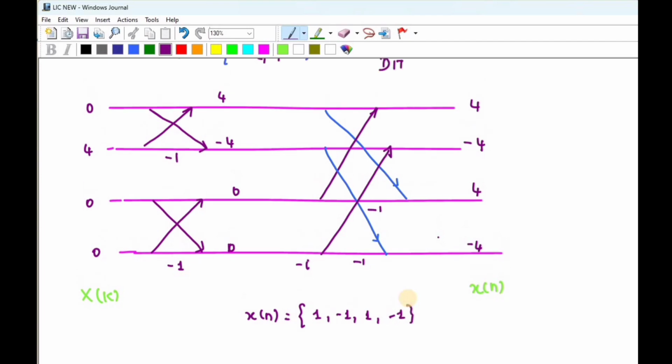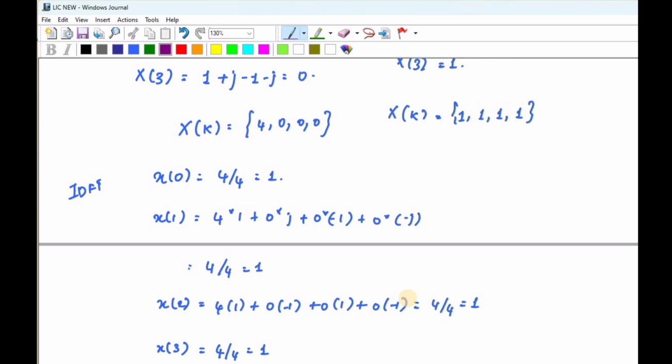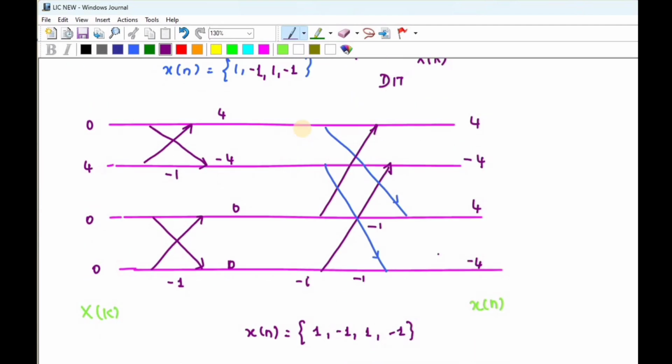Okay. Shall we go for another problem? The question is x of k is equal to 4, 0, 0, 0. First let me erase this one. Even if you take the complex conjugate and bit reversal, you will get this answer only.